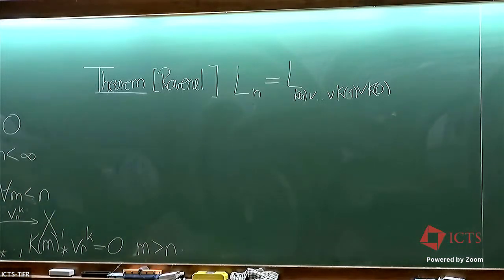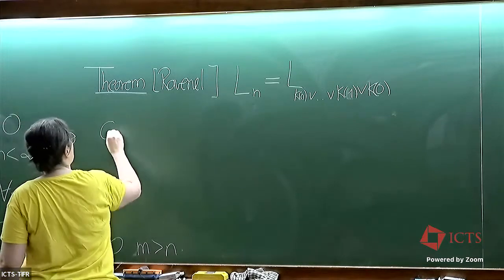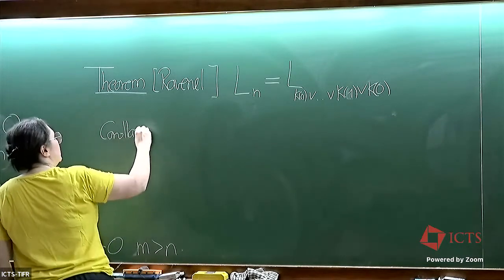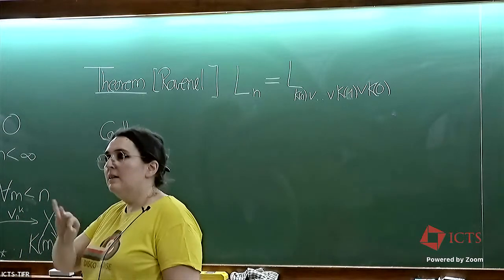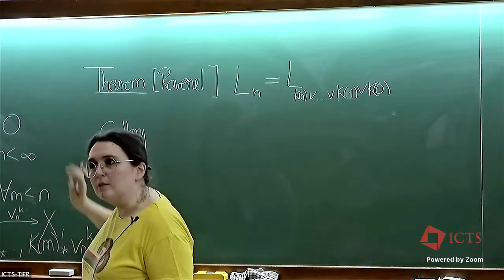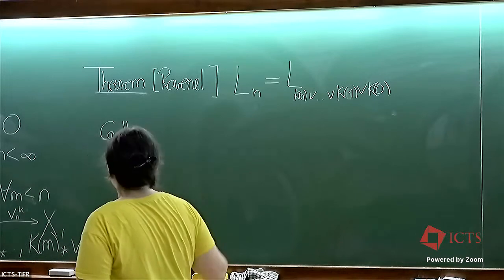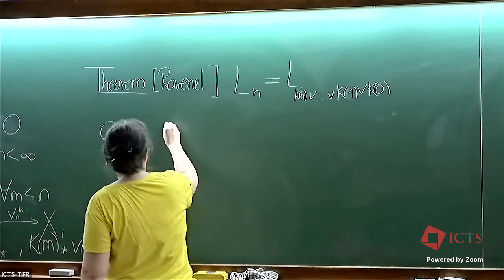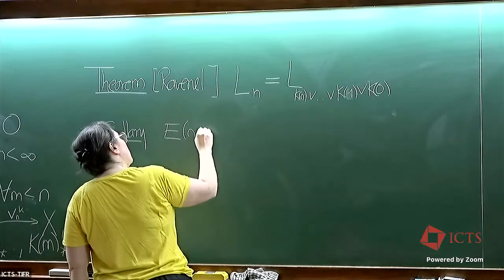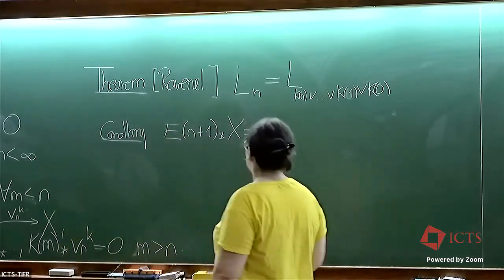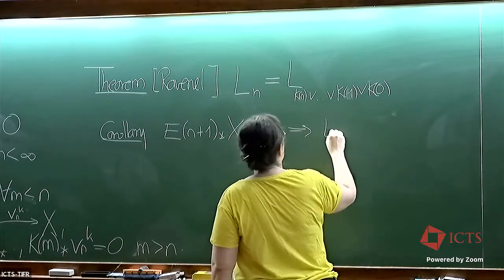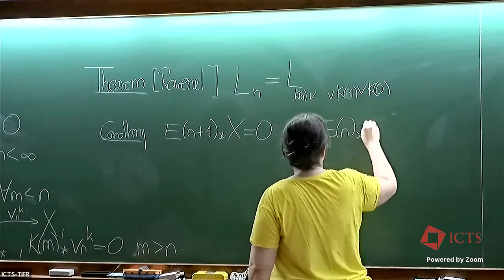But as a nice consequence of that, several nice consequences. If you compare En+1 localization and En localization, well, you can already see the following. If X is En+1 acyclic, then it is also En acyclic.